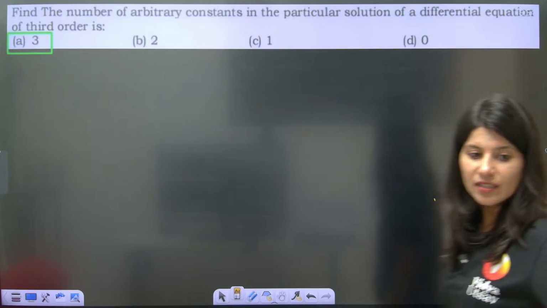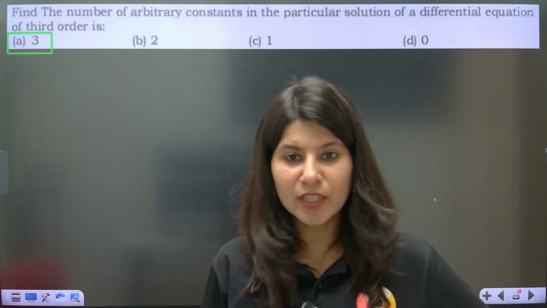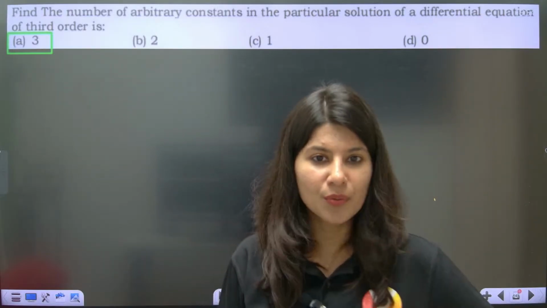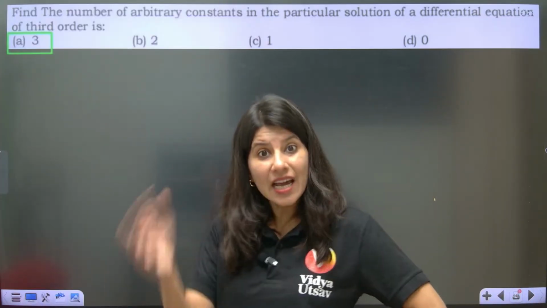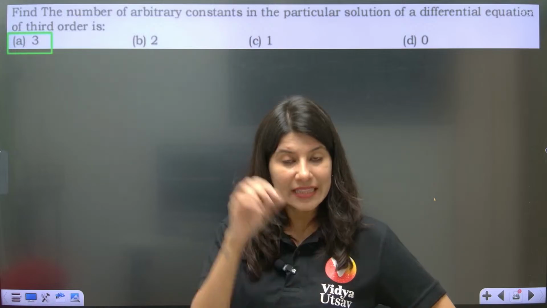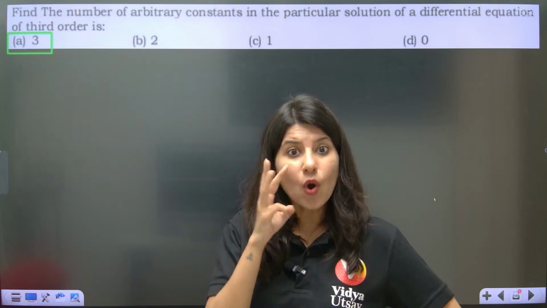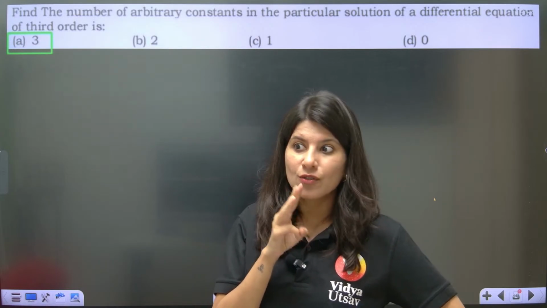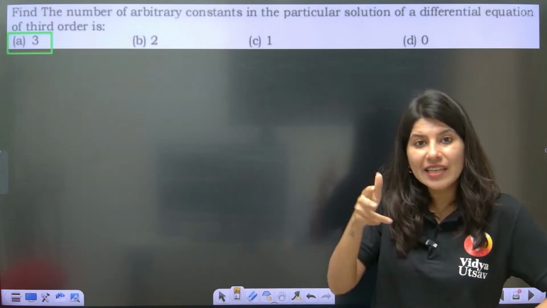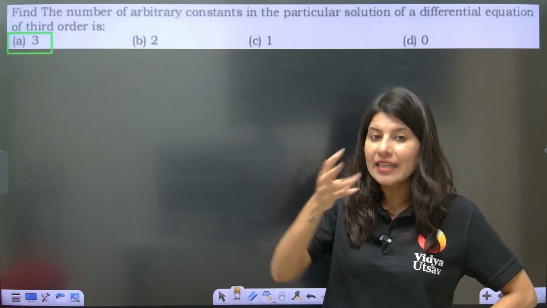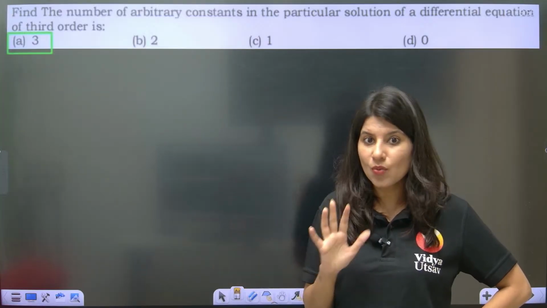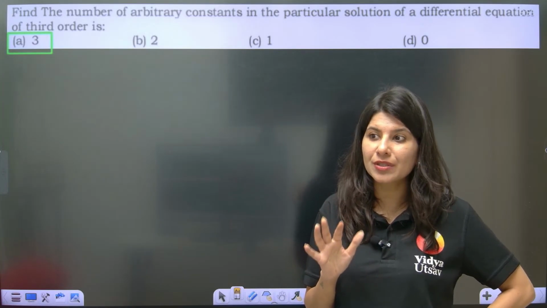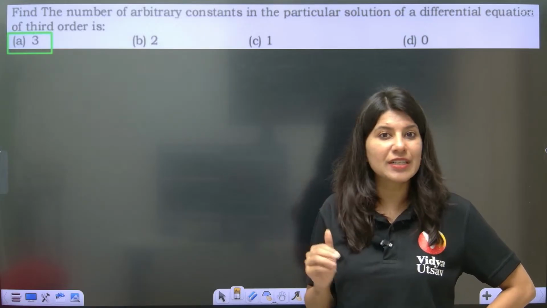I think in the chat box you guys are writing particular solution, particular solution. No. See, understand. They are mentioning that the order is 3. So it might have taken 3 derivatives to establish the differential equation. And you know how to establish a differential equation, right? By differentiating it.